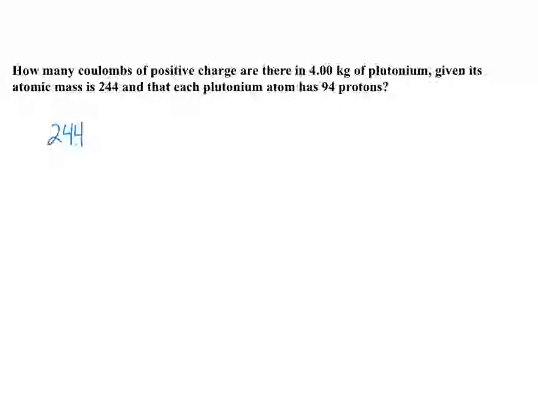So 244 u for atomic mass. And we've already seen this number a bunch of times now, 1.66 times 10 to the minus 27 kilograms per atomic mass unit. That means that I have a whopping 4.05 times 10 to the minus 25 kilograms in this atomic mass.